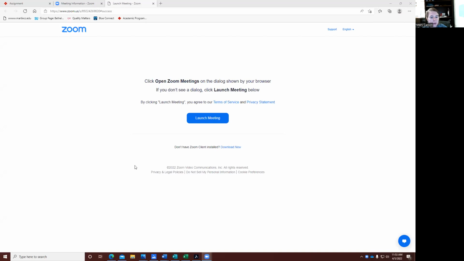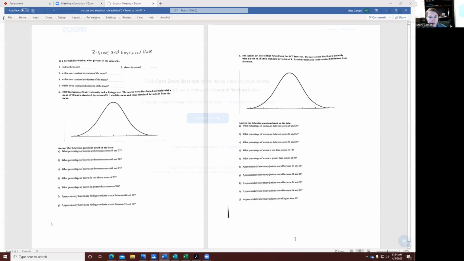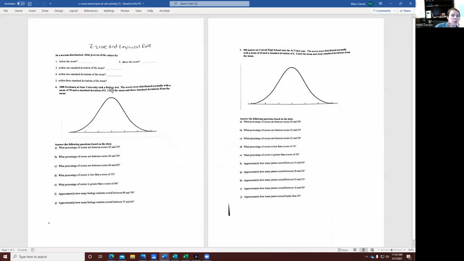I'm going to pull up number 6. I need to make sure you have your Z-score sheet, which I don't even think we need for this one. The empirical rule talks about how many standard deviations you are from the mean.